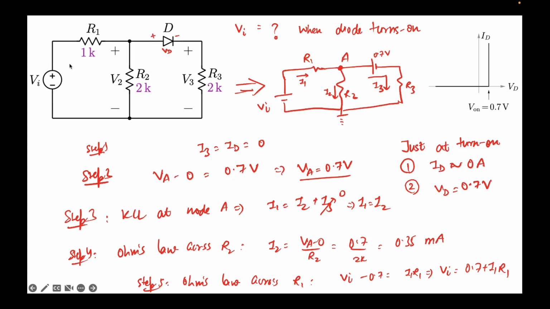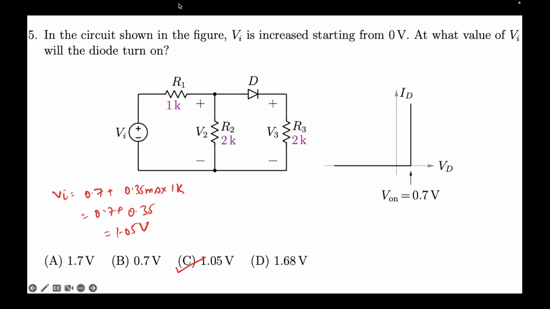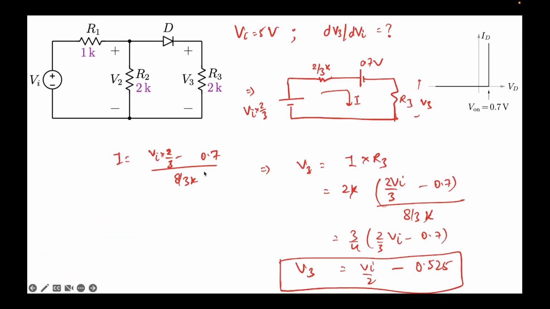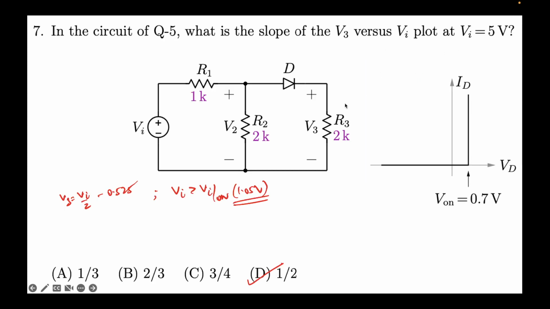And then finally, once it had turned on, we were operating at Vi equal to 5 volts, and then we found out the output voltage, for instance, which we obtained over here. And then we found a general expression where in place of 5 we placed Vi, and then we obtained this expression. Again, this is true when the device is turned on, because only then is this circuit valid. And then we found out that this was the expression, and the slope was 1 by 2.